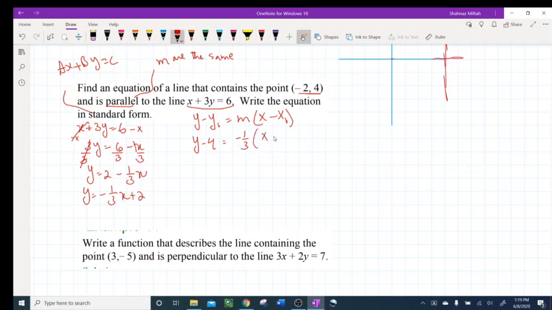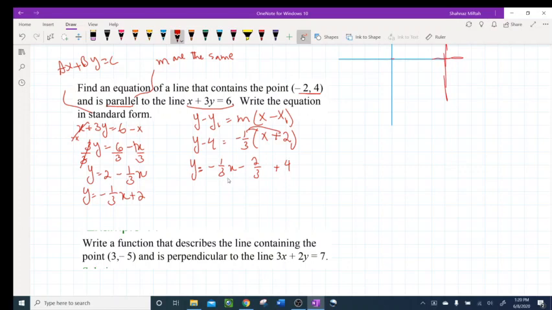And then I have x, and another x is going to be plus 2 because it's negative, and this minus turns positive. Now let's change this to y equals mx plus b. First distribute that, and then I'm moving 4 over. So negative 1/3 x minus 2/3 plus 4.